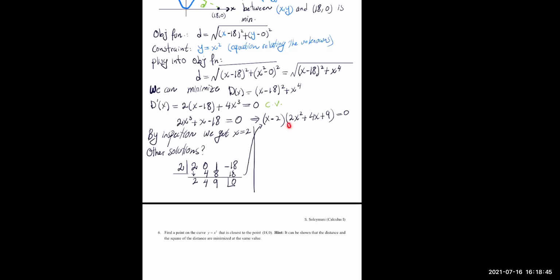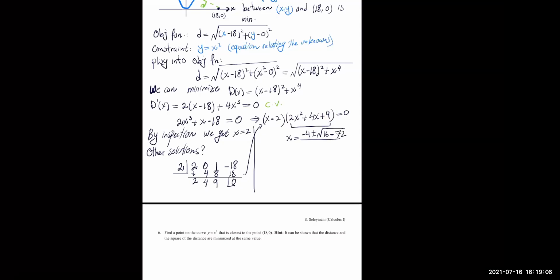So see if this thing has other solutions. You could do the quadratic equation. X is negative b plus or minus the square root of b squared, which is 16, minus 4 times 2, which is 8, times 9. That's 72.